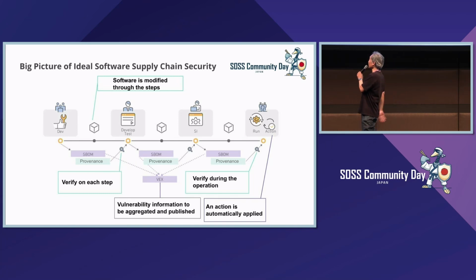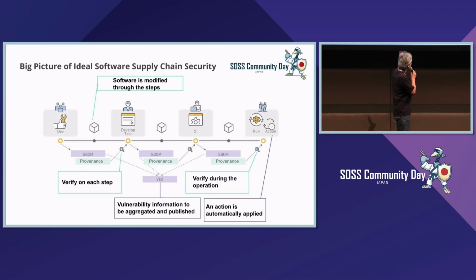So to do so, of course, we have to output some metadata, like an SBOM, to compare the actual software and the expected content of the software. And provenance. Provenance describes what process was applied on the software. With them, we can verify whether the software is as expected or not.